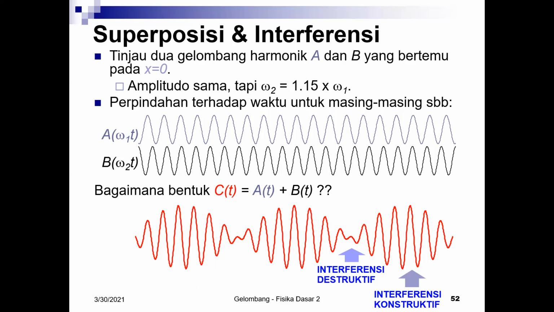So we will get that if we add them, we get this one. So you see that the minimum of this picture represents destructive interference. While if we have the maximum value, we will get constructive interference. Okay, this maximum indicator.